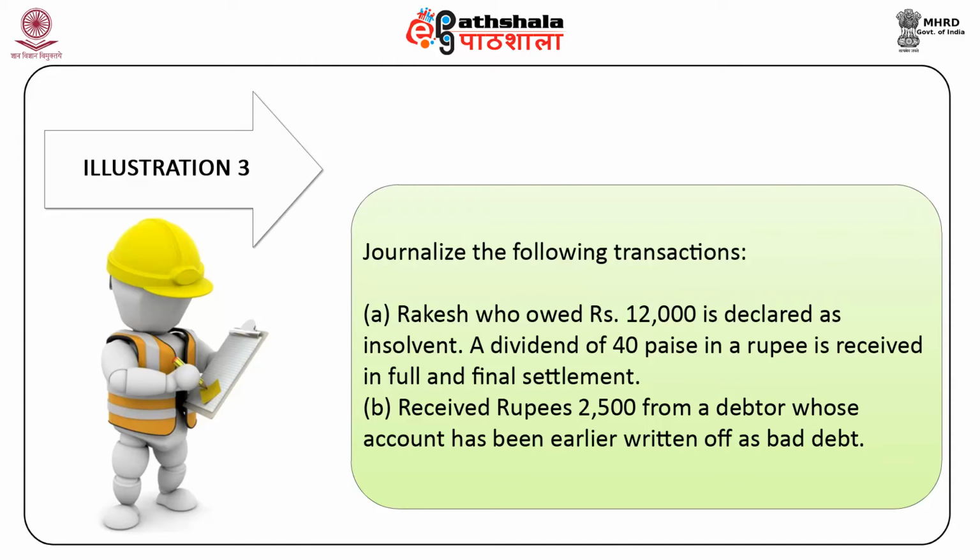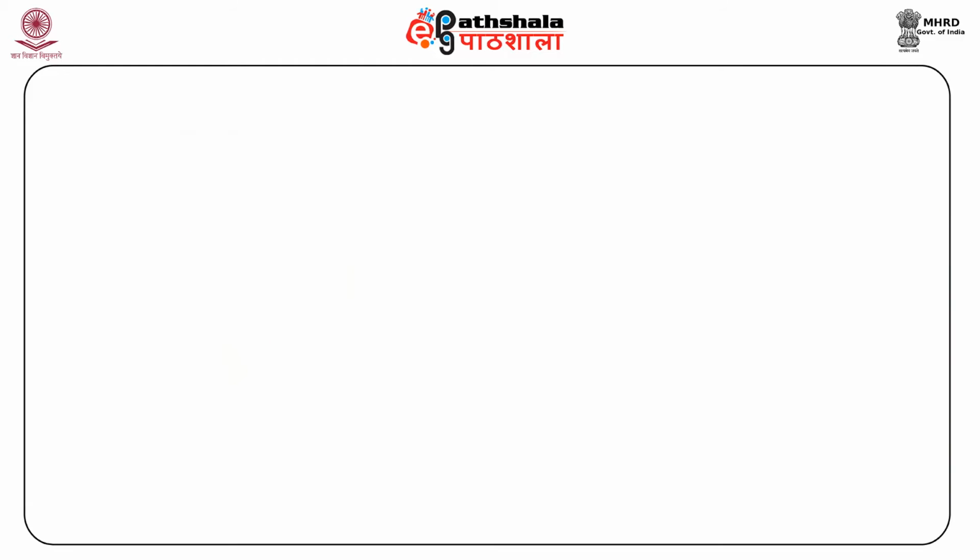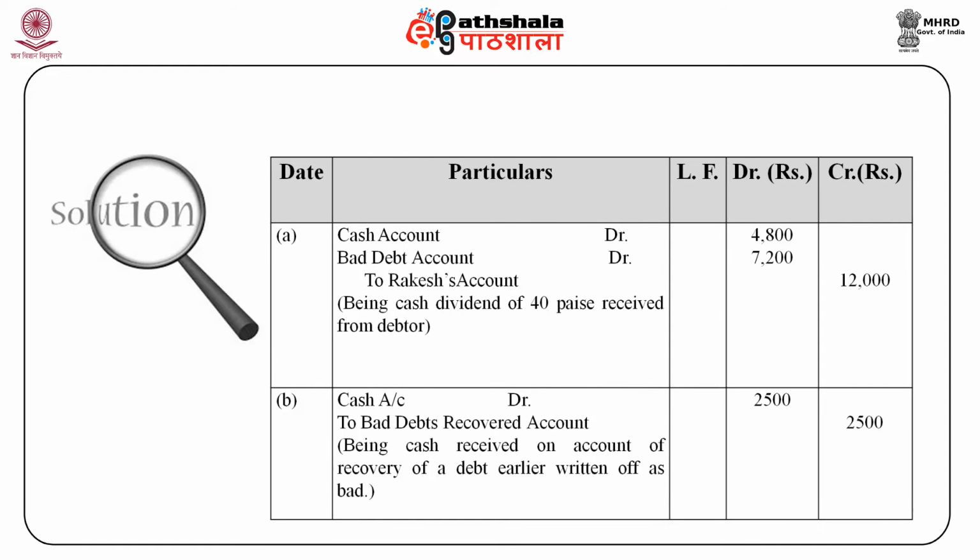B. Received rupees 2,500 from a debtor whose account has been earlier written off as bad debt. Thus, in this case, in part A, Rakesh, who owed rupees 12,000, is declared as insolvent. A dividend of 40 paisa in a rupee is received in full and final settlement.